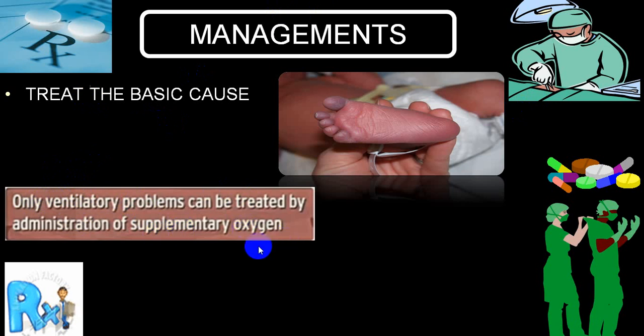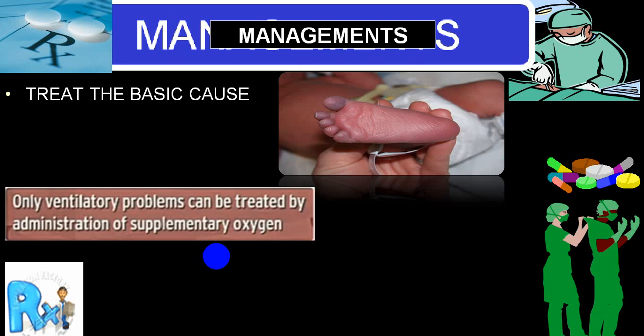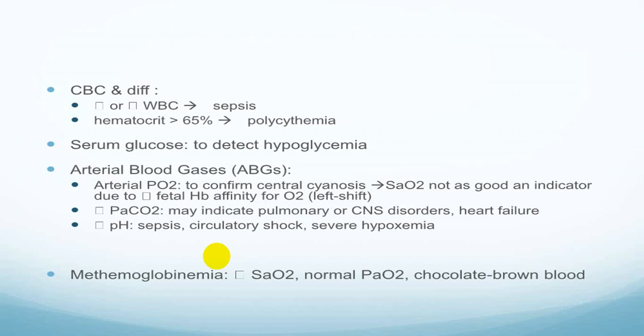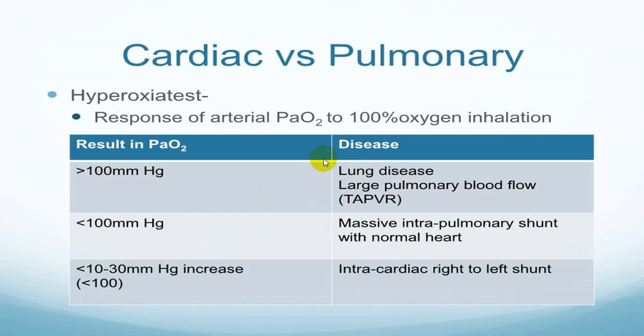We call it oxygen therapy, which can be invasive or non-invasive. It will not be useful in a person with peripheral arterial disease or in a person with sulfhemoglobin, methemoglobin, carboxyhemoglobin.